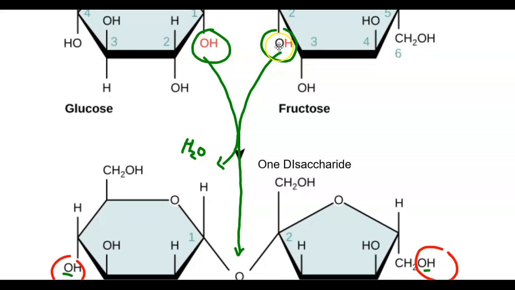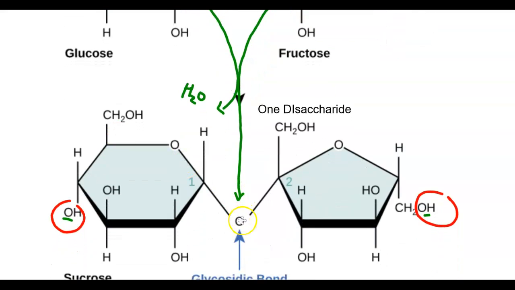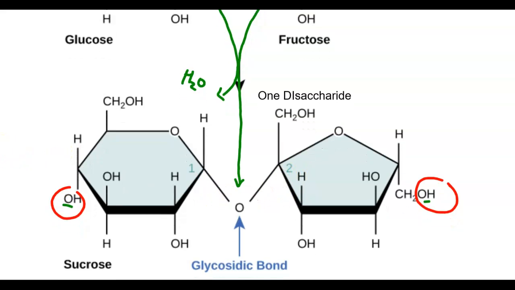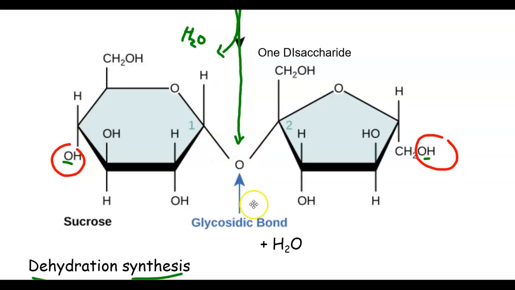This one black letter O right there is the oxygen that remains to combine these two together. That process, as we said just a few moments ago, is called dehydration synthesis, the expression of water out of this combination of molecules, leaving behind the O as a glycosidic bond, okay?